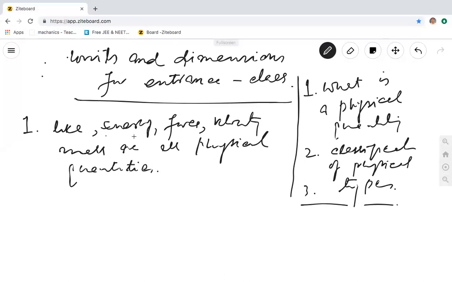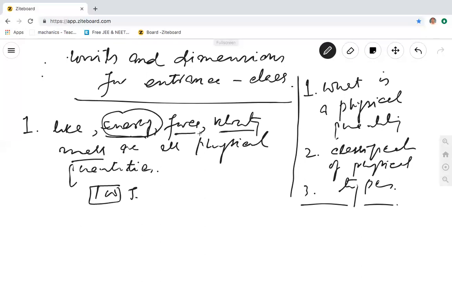These quantities can be measured and a number can be associated with them. For example, if it's energy, you may say it is 100 joules of energy. 100 is a number that you associate with the energy. So anything which can be measured and expressed in numbers is always a physical quantity.